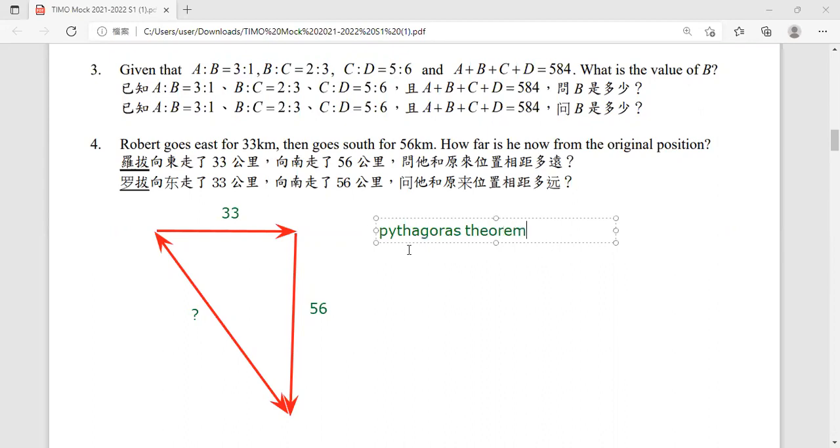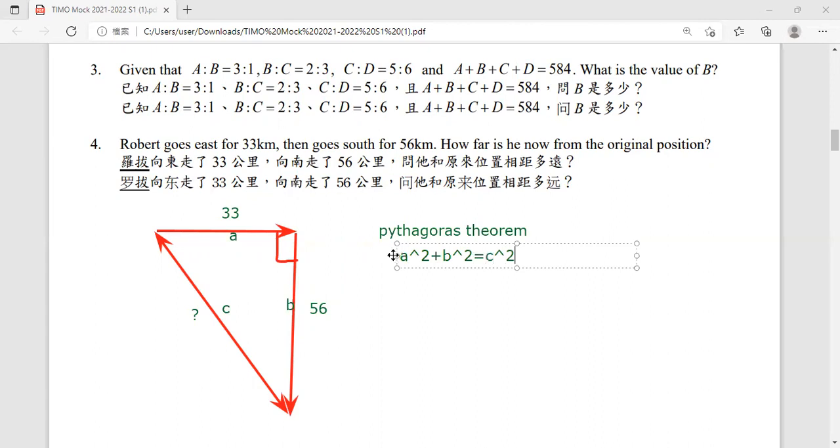Use this one. Yes, very good, most of you know. But maybe some of you don't know, so I will talk about this one. If I have a right angle triangle, we have A, B, and C, the relationship is A squared plus B squared equals C squared.